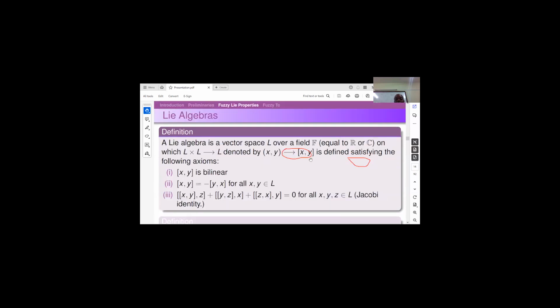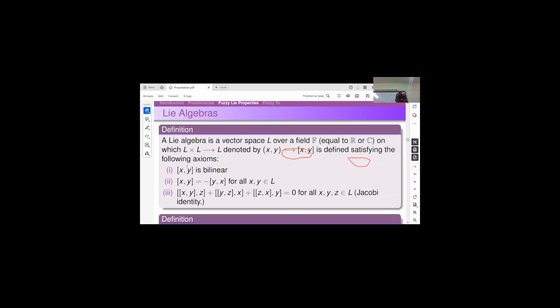Given a Lie algebra, this is a definition of a Lie algebra. We want to define the fuzzy analog of these Lie algebras. For every Lie algebra, just as for vector spaces, the Lie bracket is bilinear, skew symmetric, and the Jacobi identity is satisfied.